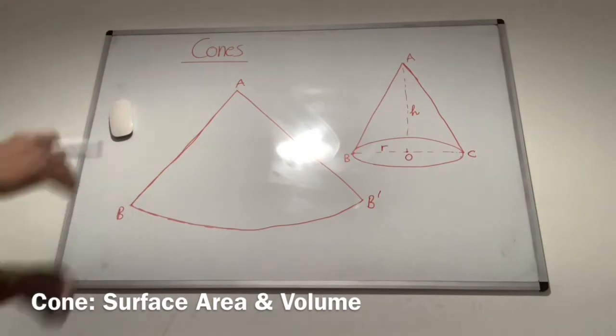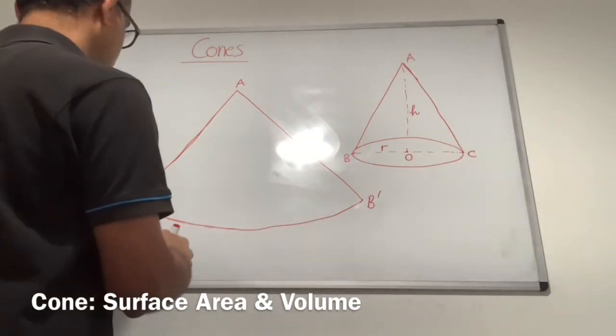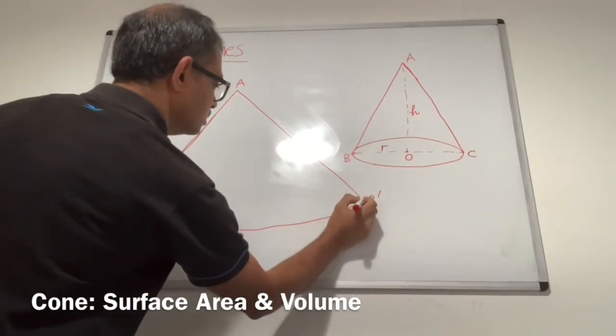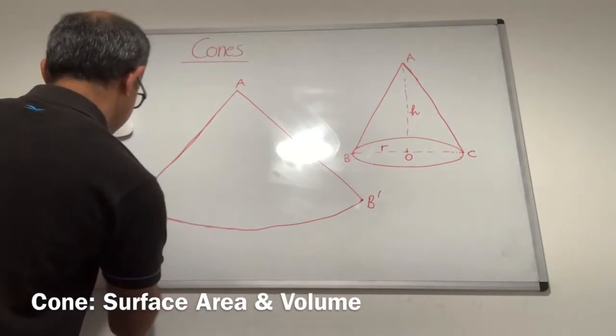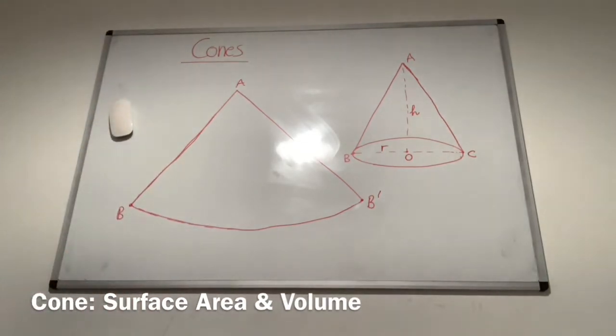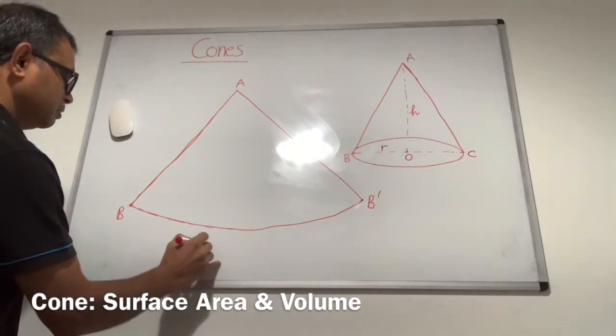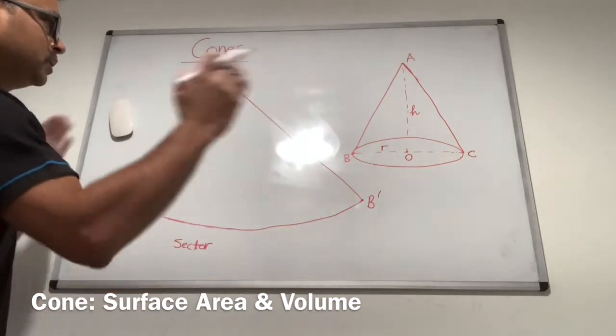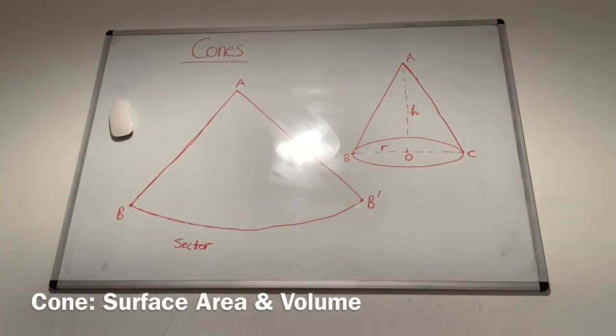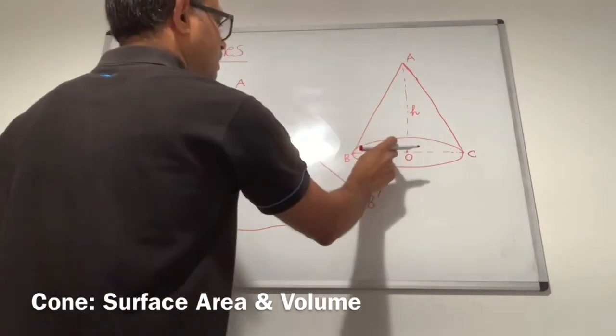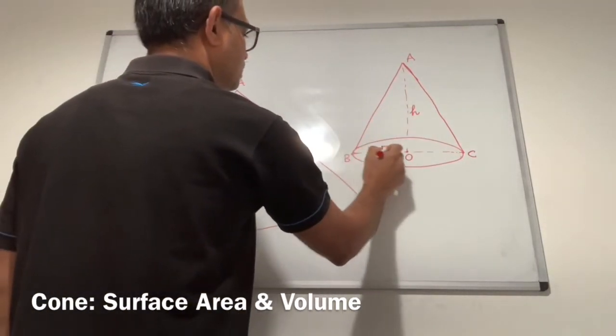This one will sit on this. Okay? So this would be a sector, and when you fold it, it will become a cone of height h and radius r.